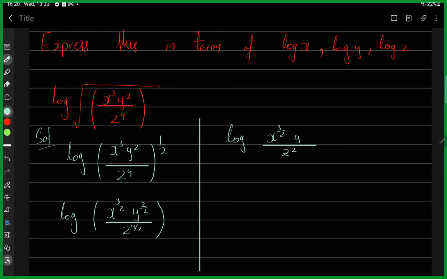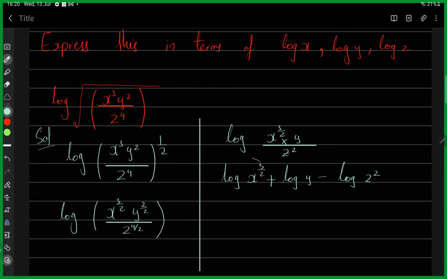Next, I can write it this way. We have x and y being multiplied, so I can write this as log x to the power 3 by 2, plus log y, with a plus sign because these two are being multiplied, and then z squared is being divided, so I'll write it with a subtraction sign, and it would be log z squared.